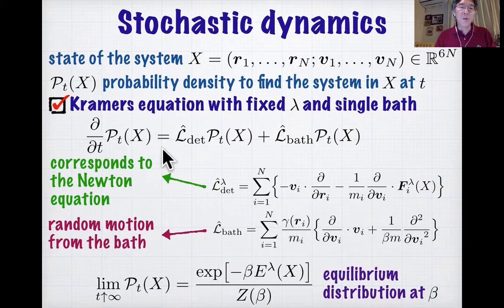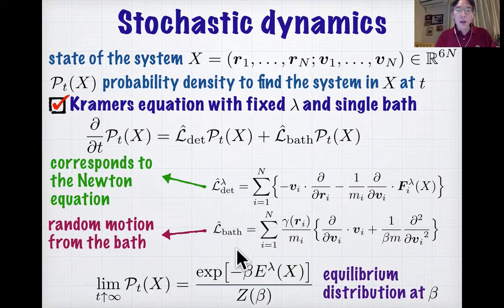So this is the time derivative, and it's a sum of two parts. The first one is simply the Liouvillian corresponding to the Newton equation. So this part just describes time evolution according to the Newton equation with fixed lambda. And this one here describes the standard random noise from the heat bath. So this gamma controls the strength of the noise.